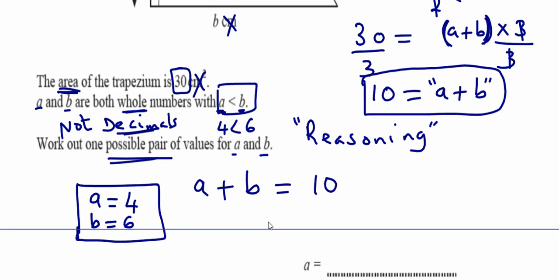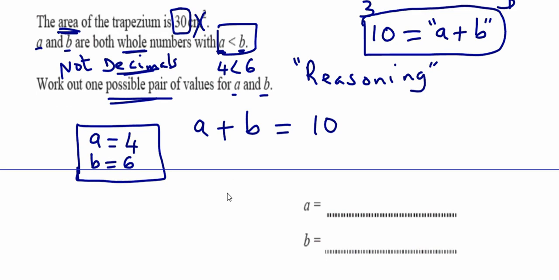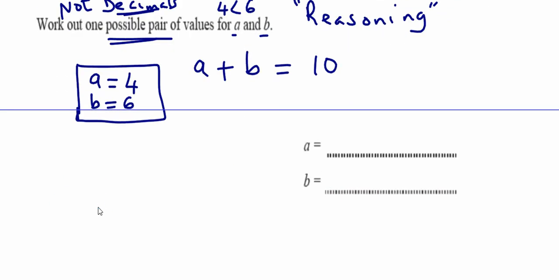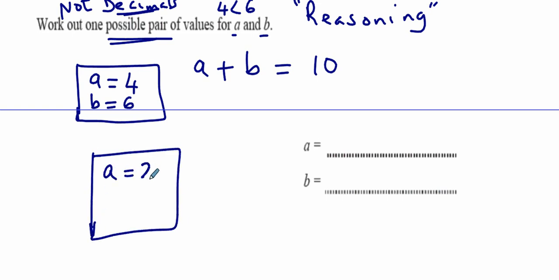But from here they said only one pair. What if I need so many pairs? I can say A will be equal to 2. Now when this is 2, 2 plus a certain number should give 10. So B will be equal to 8, because 2 plus 8 equals 10.